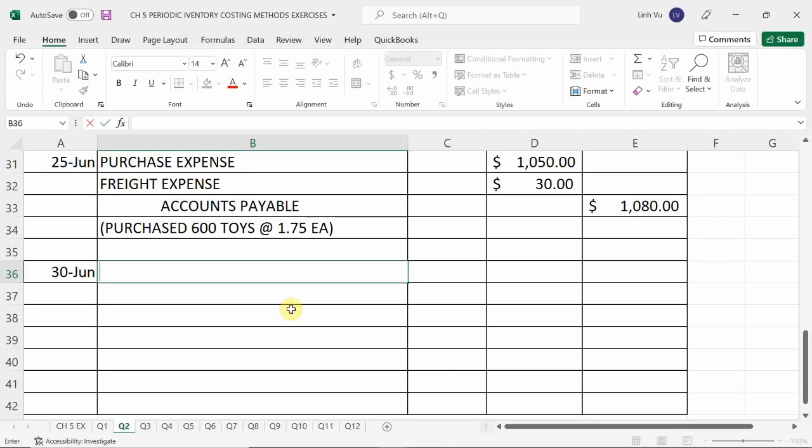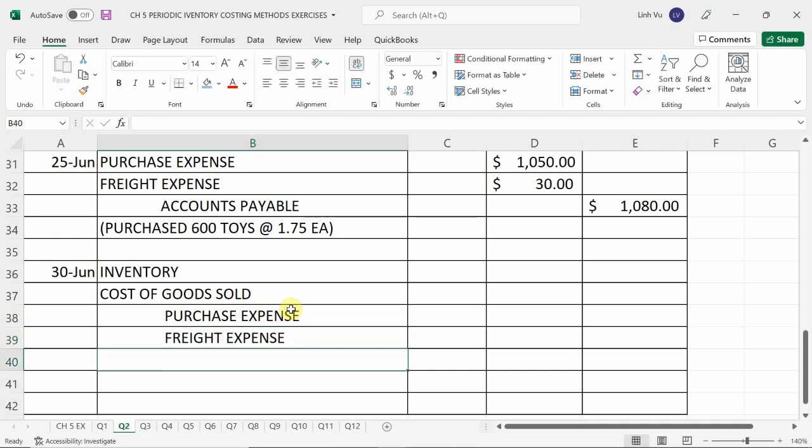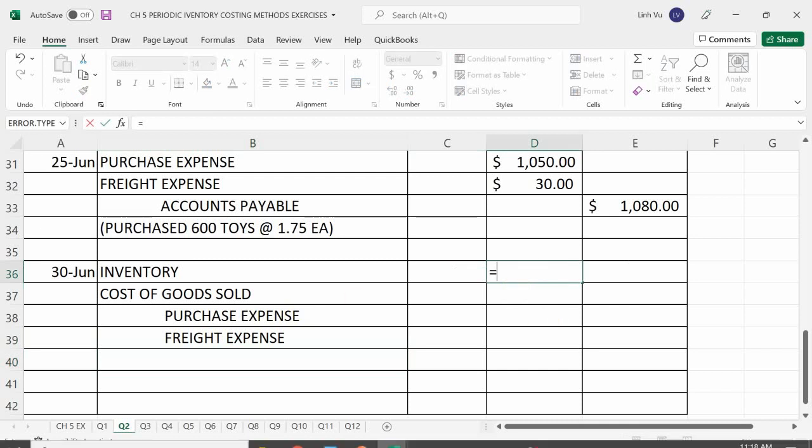You need to recognize inventory, cost of goods sold, and freight expense, okay? So in this case, what was the total value of my ending inventory?